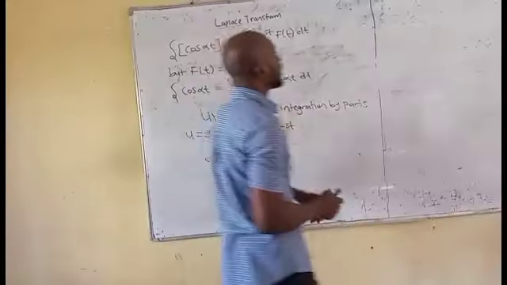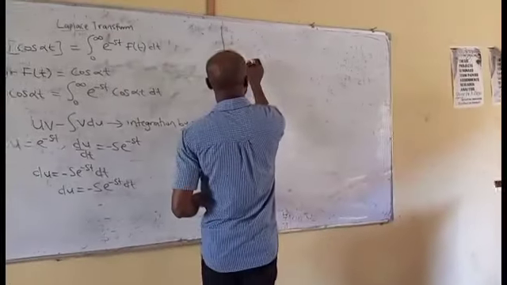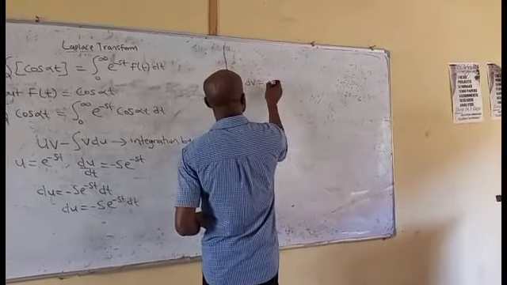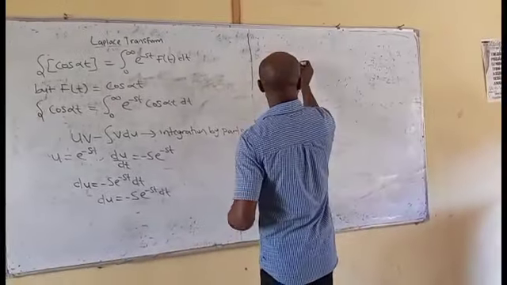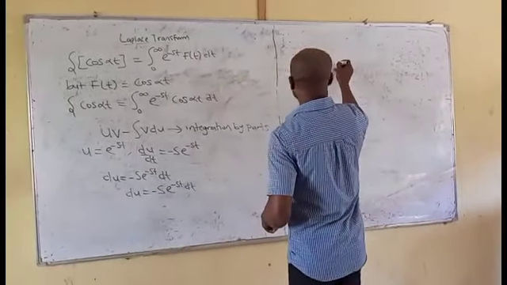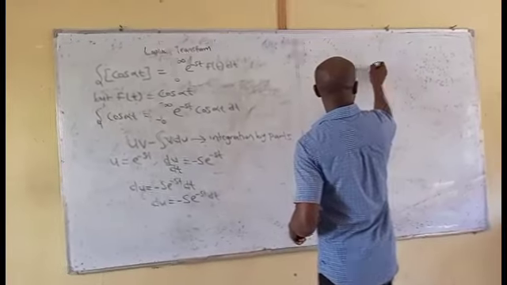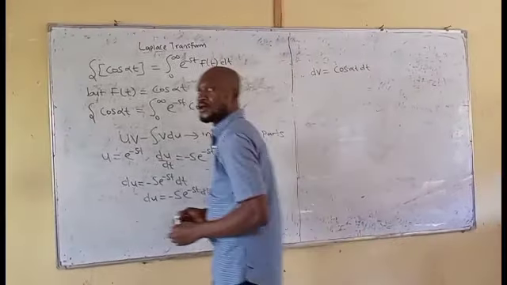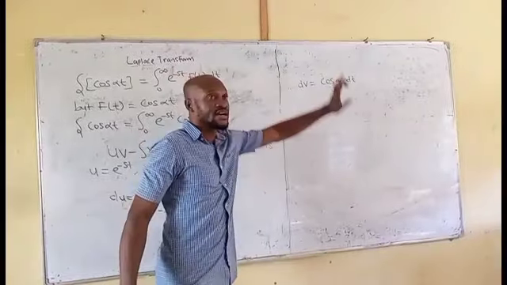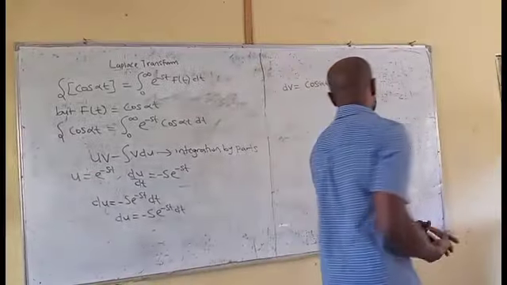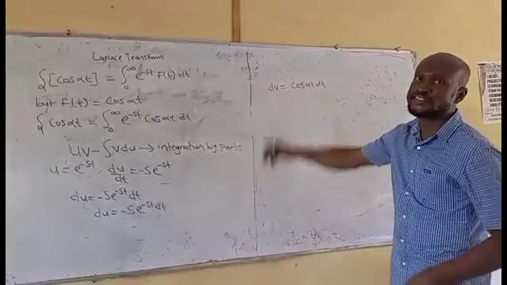So the next one, I say let v equal cos alpha t times dt. Let my v give you cos alpha t dt. So now I'm going to integrate this.